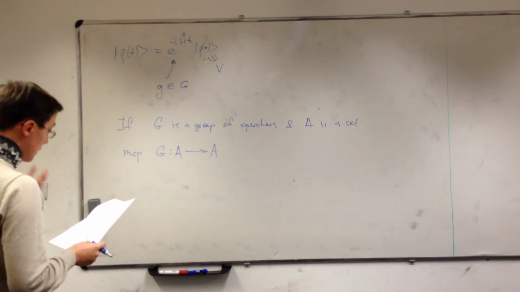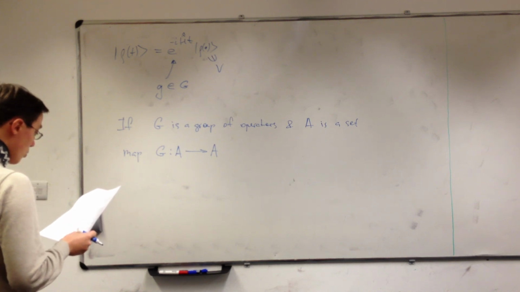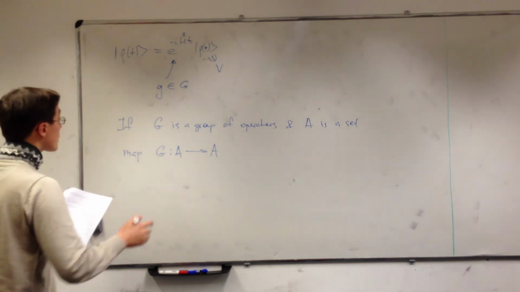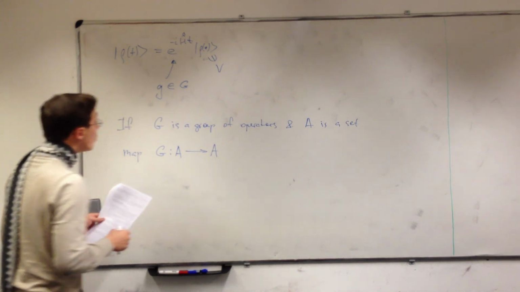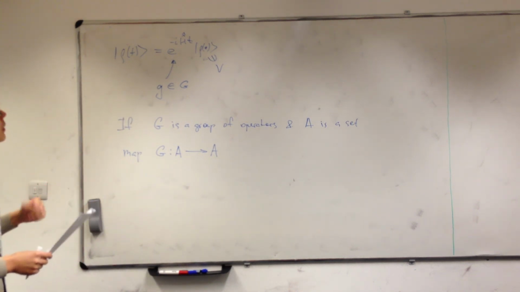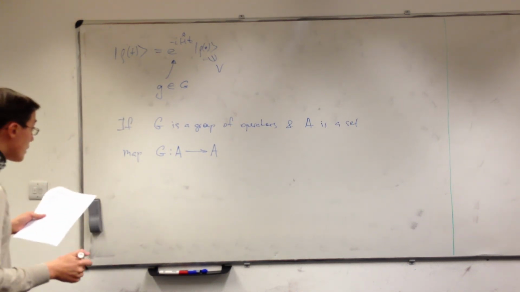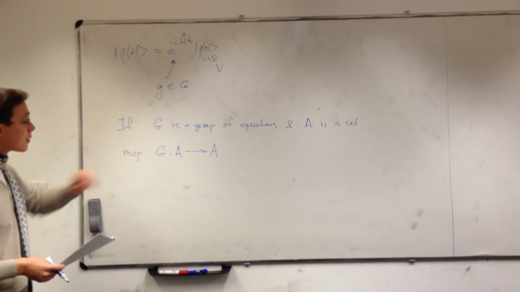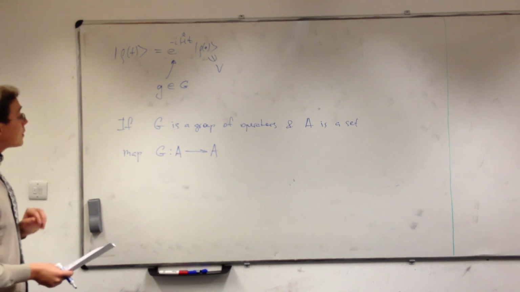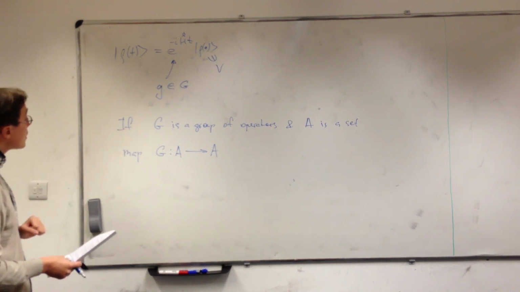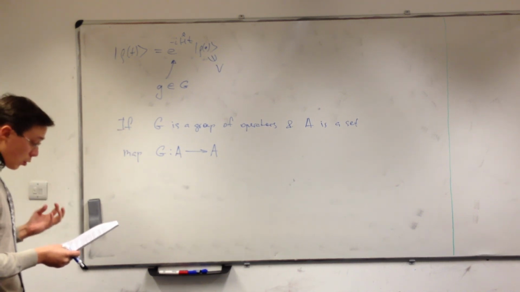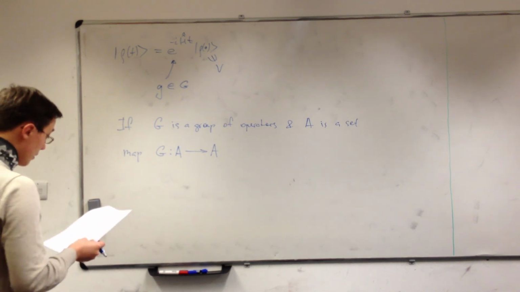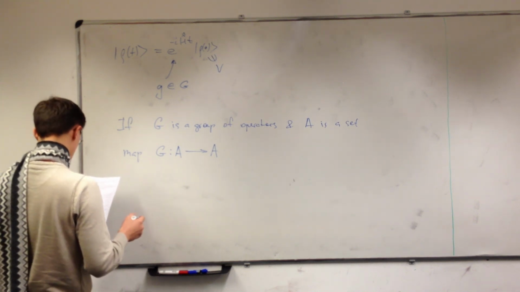Now, in particular, what we need to know is whether there are some parts of A which remain the same under this action. So if there is a subset of A which is static under G, so it doesn't leak anything into the bigger set, then that subset is called stationary under the group action.